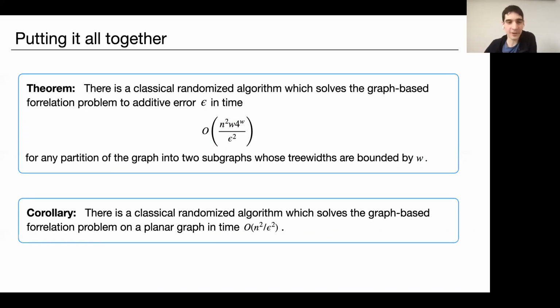And as a corollary, we saw before that a planar graph could be partitioned into two subgraphs that had constant tree width. And so this reduces to a solution for the graph-based correlation problem on planar graphs that has time n squared over epsilon squared. So that's the entirety of the proof and the algorithm.